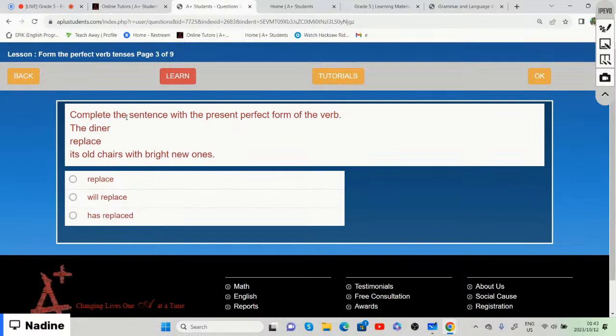The diner replace its old chairs with bright new ones. Do we say replace, will replace, has replaced its old chairs with bright new ones?